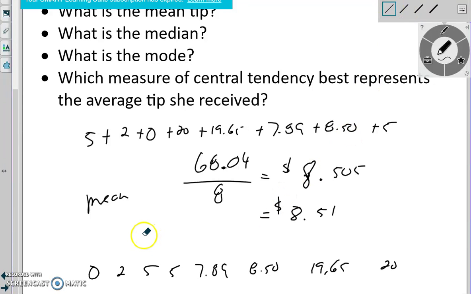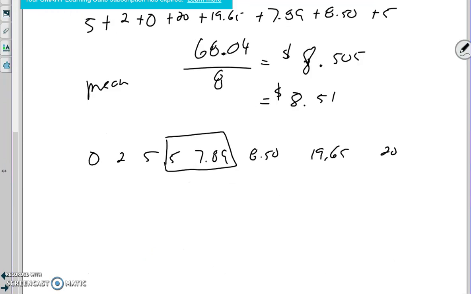So that's going to be 4 and 4. So that's going to be numbers 4 and 5. Those are the middle two right there, right? And then you average those. So 5 plus 7.89 divided by 2. Make sure you go equals. Divide by 2. $6 and I guess 45 cents. That would be the median.